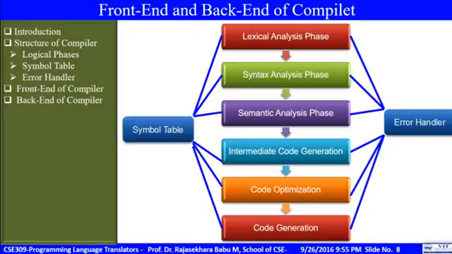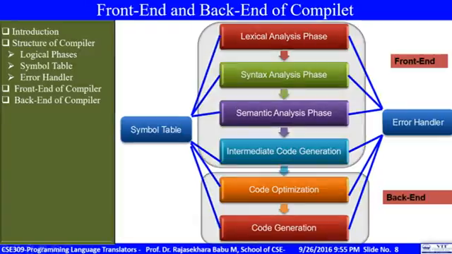In these compiler phases, the first 4 phases we call the front end, and the last 2 phases we call the back end. What is the reason the first 4 phases are called the front end? Because the first 4 phases add information to the symbol table, and the last 2 phases use the information from the symbol table. As I told you, the symbol table is a database, a data structure which holds the source program information, and all this information will be stored there.